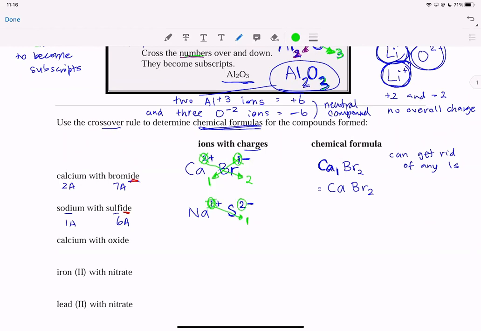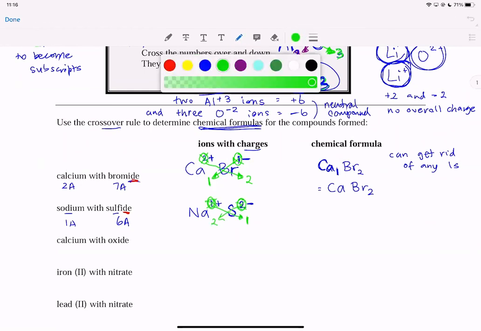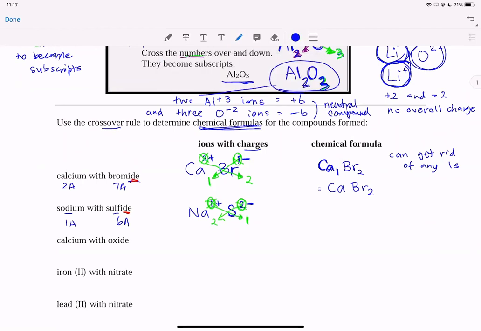This 2 crosses over and down and becomes a 2 outside of the sodium. At the same time, you get rid of the plus and minus signs. So this becomes Na with no plus charge, but a subscript 2, and this is S with no minus sign, but a subscript 1. So remember, you can get rid of 1s. So this is more correctly written as Na2S.